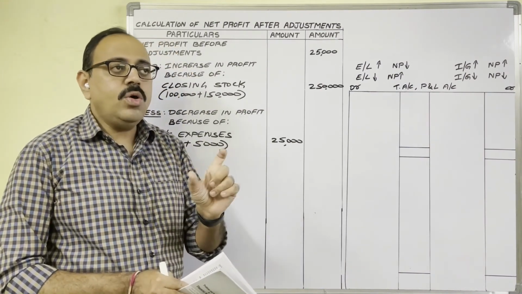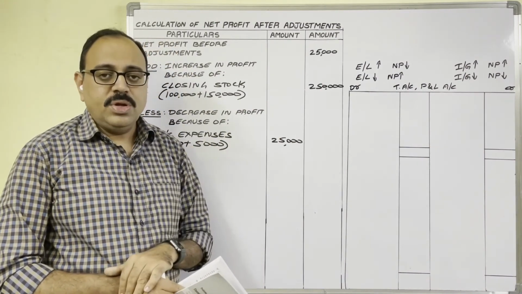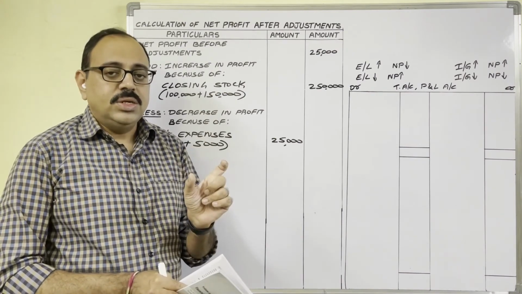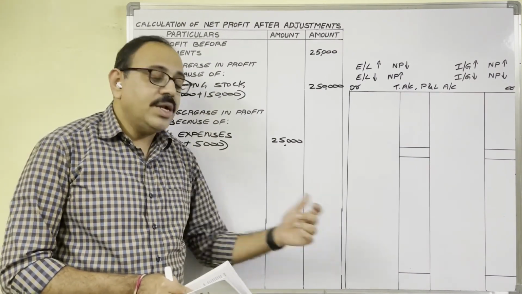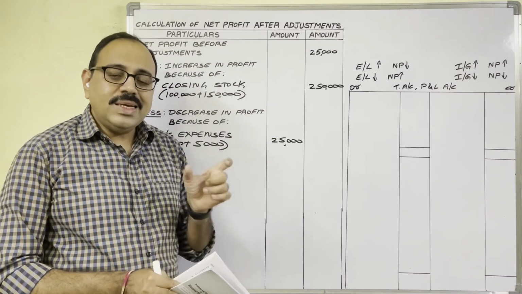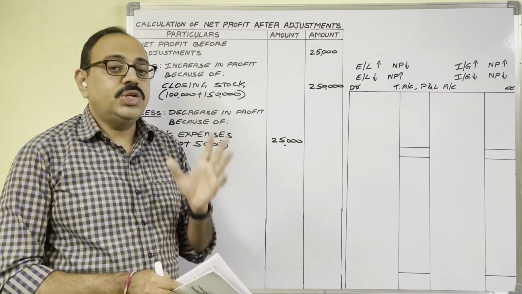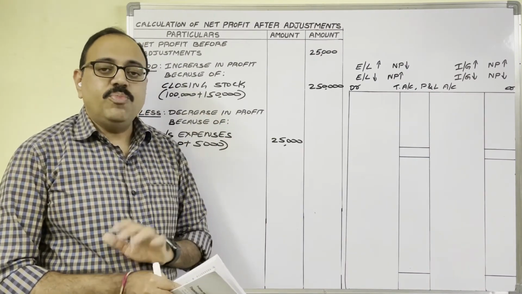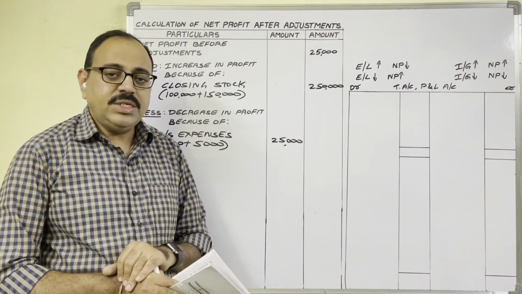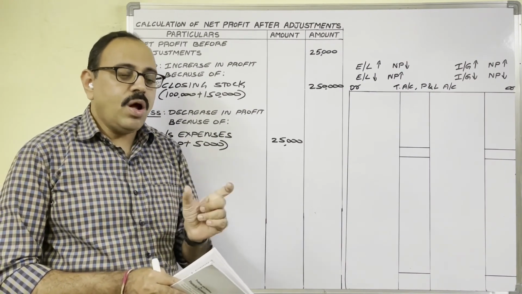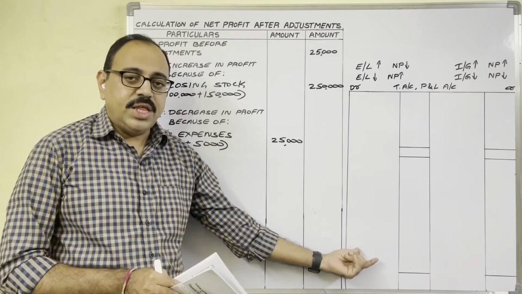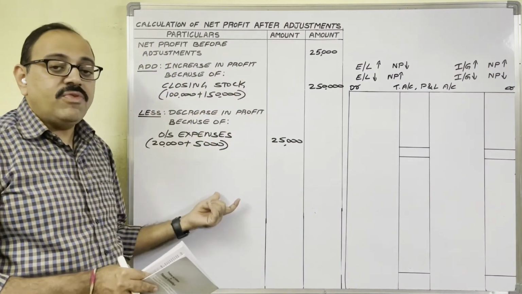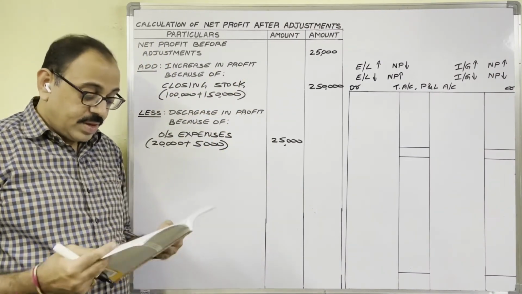And these two are drawings, which also appear in the balance sheet only. So these adjustments affect drawings and cash, both of which come in the balance sheet. Means these two adjustments do not affect net profit. Therefore, we need not consider them while preparing this statement.